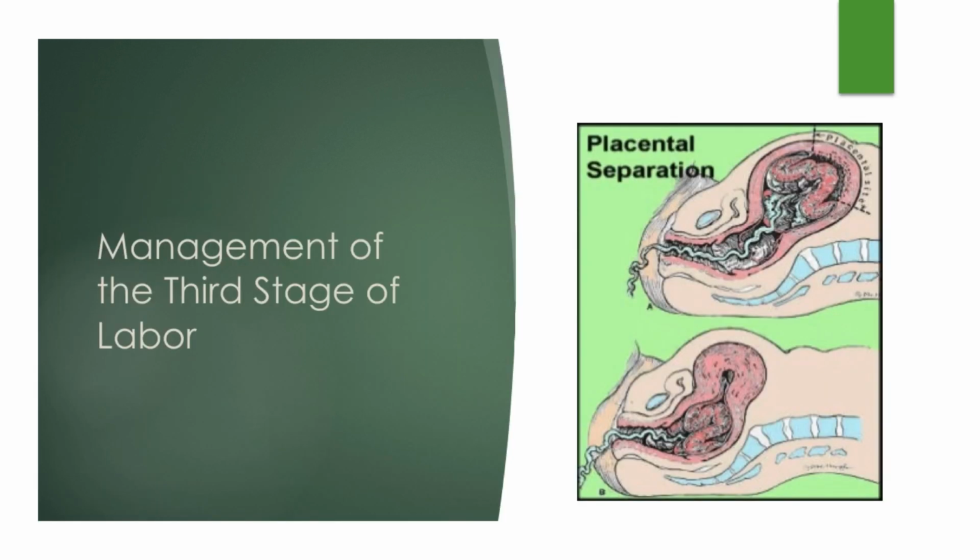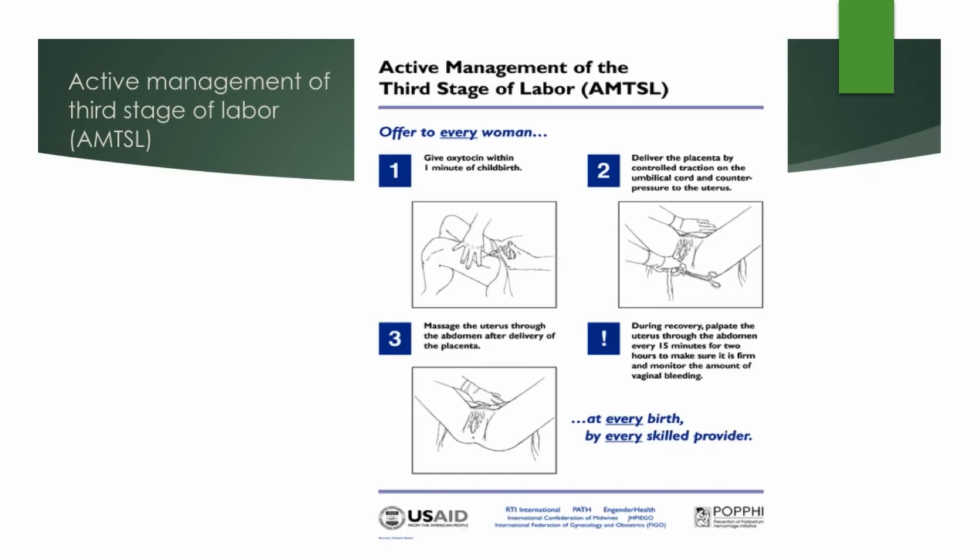So we now go to the management of the third stage of labor. And if you will recall, the third stage of labor involves the delivery of the placenta. So we have what we call the AMTSL, or the active management of the third stage of labor. And this involves the steps. Okay, so we give oxytocin 1 minute after childbirth, or after delivery of the baby.